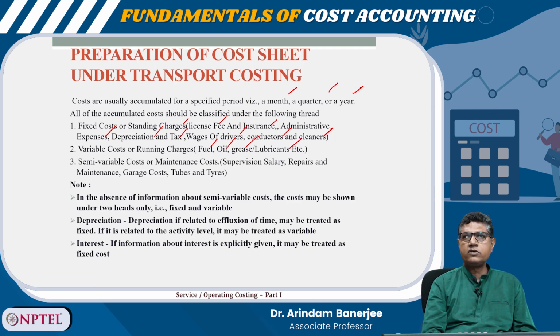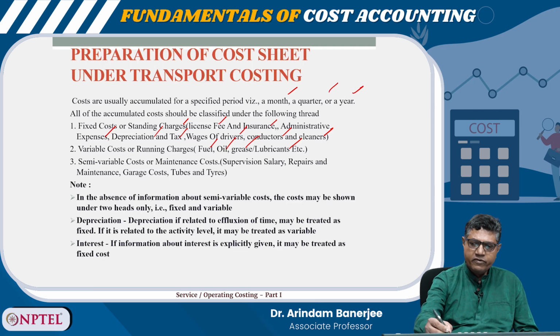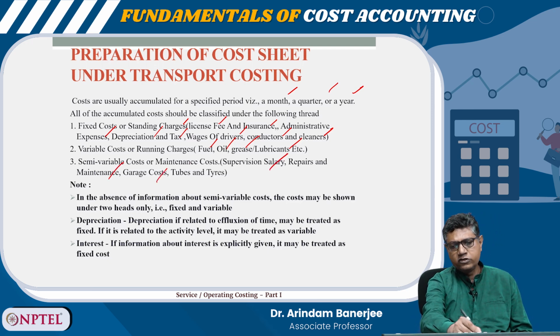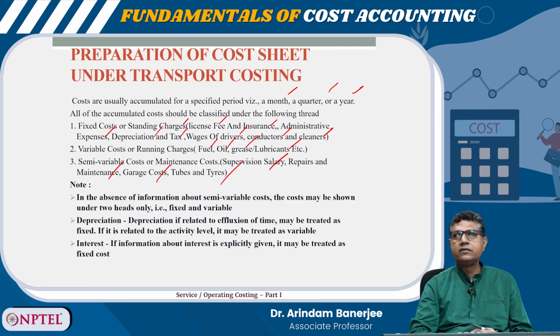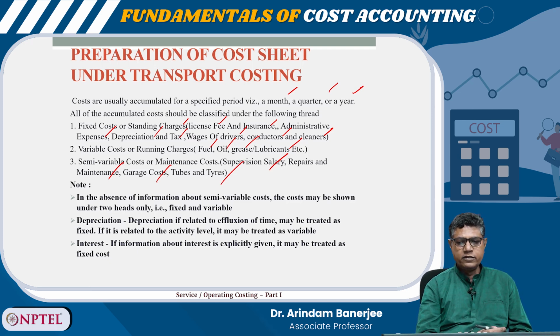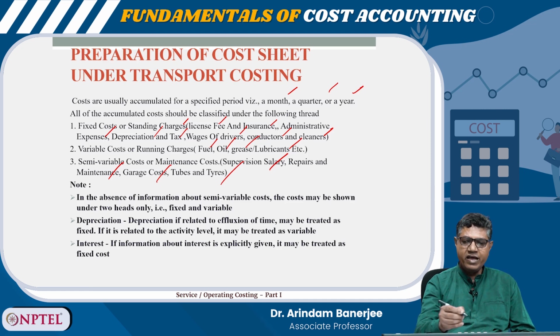Semi-variable costs or maintenance costs: supervision salary, repairs and maintenance, garage costs, and tubes and tires, right. Note, in the absence of information about semi-variable costs, the costs may be shown under two heads only, fixed and variable, right.